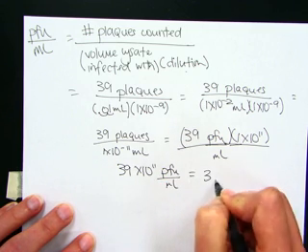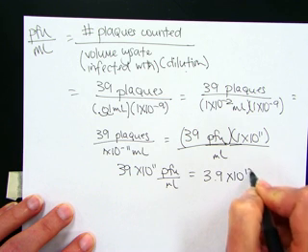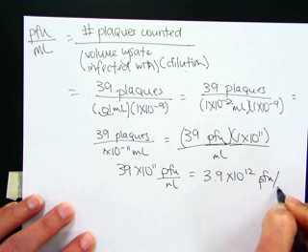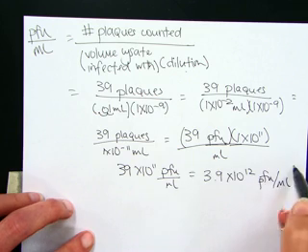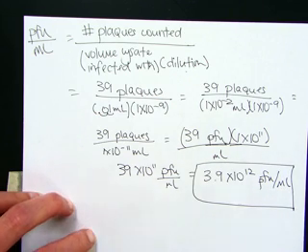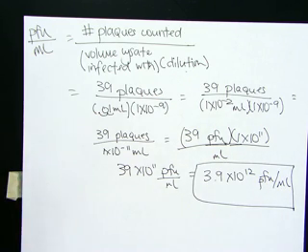And then we can rewrite that as 3.9 times 10 to the 12th plaque forming units per mil. So this is the number that people care about when they ask you about your phage lysate titer. This is the number that you'll write in your notebook, and this is the number that you'll write on the tube of your lysate once you've done these different calculations.